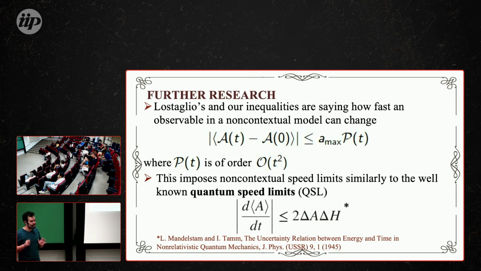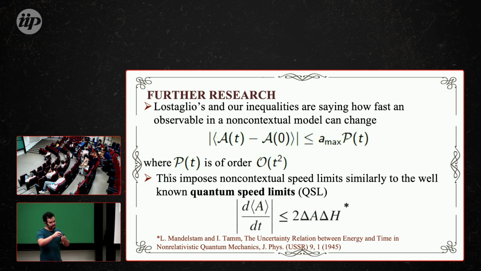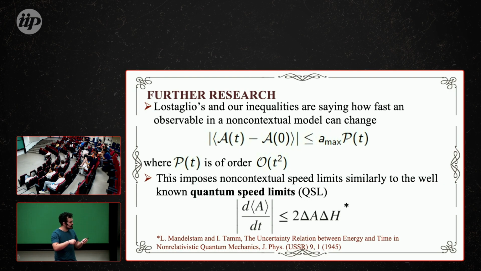We want to have more useful inequalities for bigger systems, and I think we must use other methods. That's why I think that looking at classical speed limits could be a better way. I don't know if I answered, but we don't actually know if having coherence or not is a good definition of classicality, at least in the sense of hidden variables. And the other thing is that this theorem cannot be used for bigger systems. That's the main point.